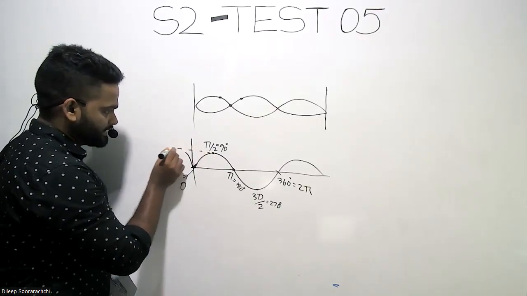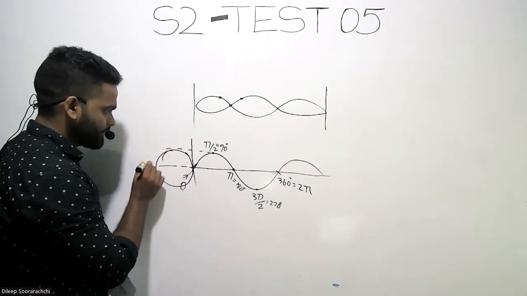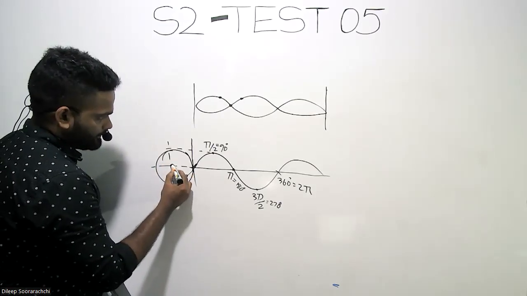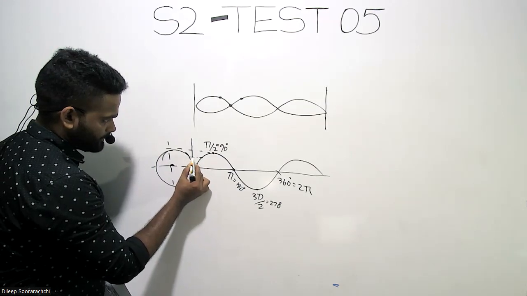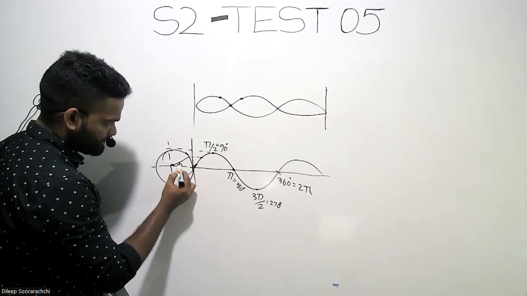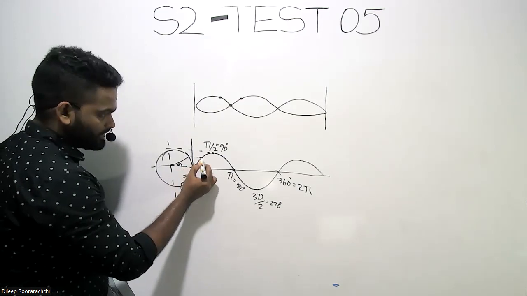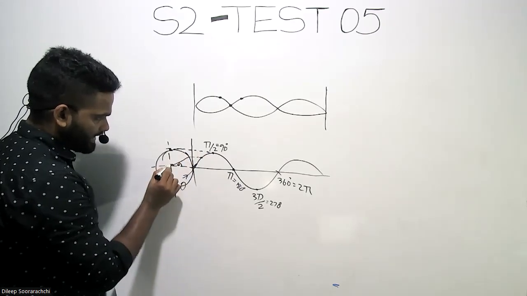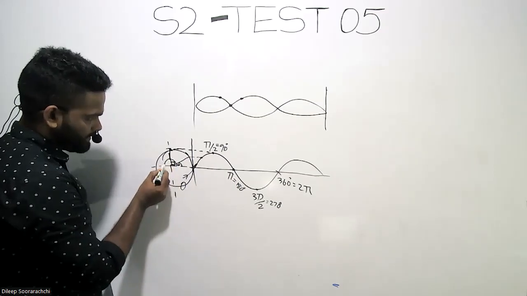You can draw a circle and figure it out like this. Let's say you drew the circle like this. So if you think about the phase of this point, it has a phase of about 30 degrees, let's say. And if you think about this point, it has a phase of 90 degrees. Then this point, 180.